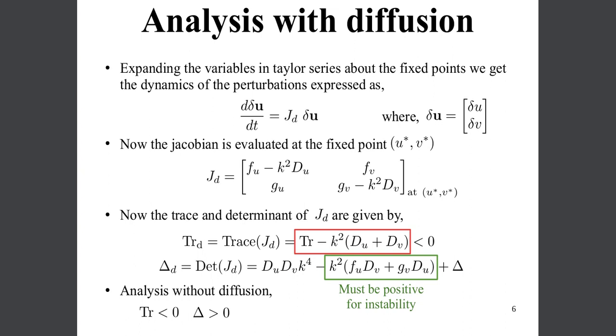So for that, if the determinant is negative, then one of the eigenvalues is positive and one of the eigenvalues is negative.